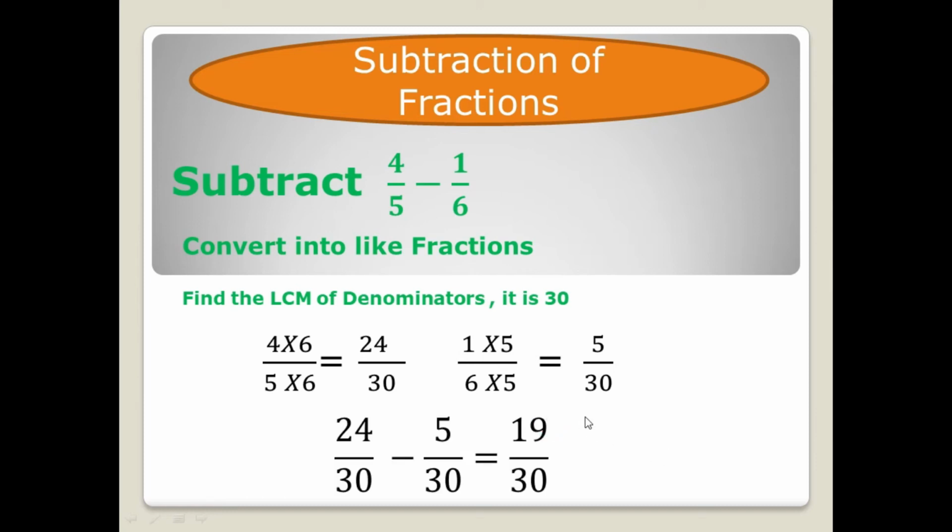Now once we have like fractions, it is very easy to subtract one fraction from the other, that is 24 over 30 minus 5 over 30. So we will simply subtract 5 from 24, it will be 19, and the answer will be 19 over 30.